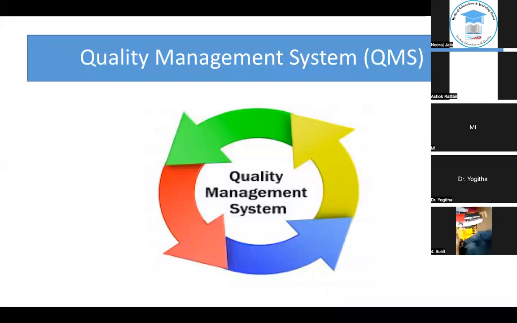For this, we have a well-documented quality management system, which we have documented as per ISO 15189. In this, we have defined various procedures, how we will carry out various activities, and everyone is following that procedure. So there is no person-to-person variation. If suppose you have multiple laboratories and everywhere you are following 15189, you are following the same quality management system, so there will not be significant difference from one laboratory to another laboratory of your organization.